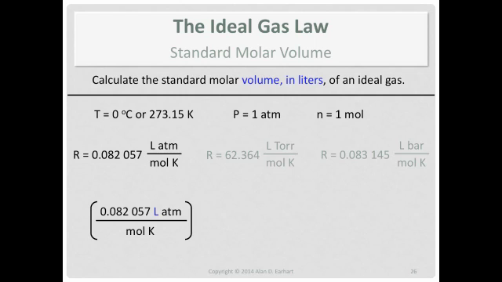So we're going to start with the value of R this way. Now R is not a mathematical formula. R shows the relationship between pressure, volume, n, and temperature. So we multiply and divide to make our units work. We're given 1 mole, multiply by 1 mole, so the units cancel.